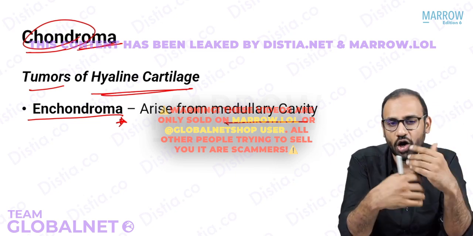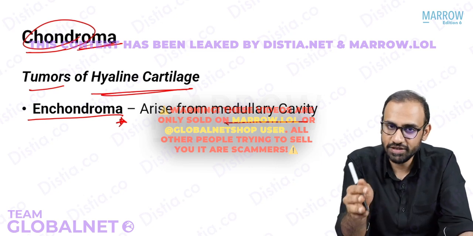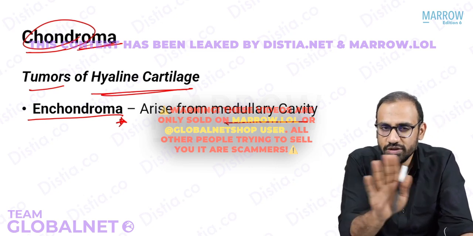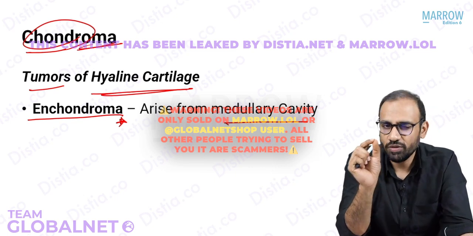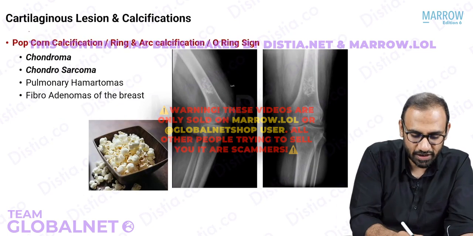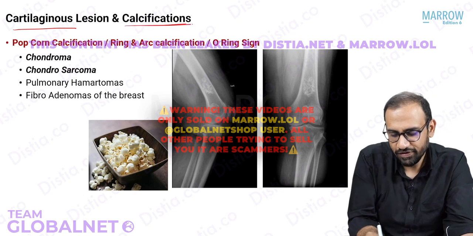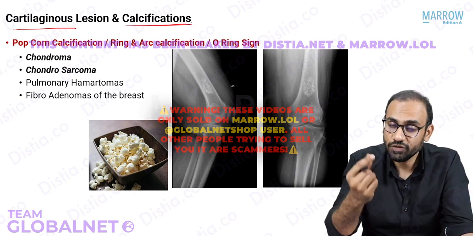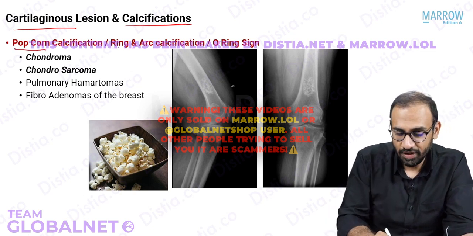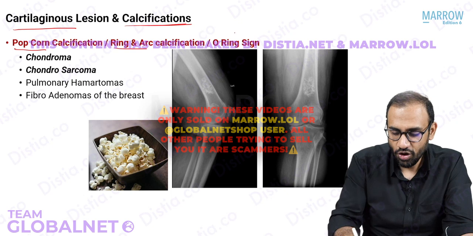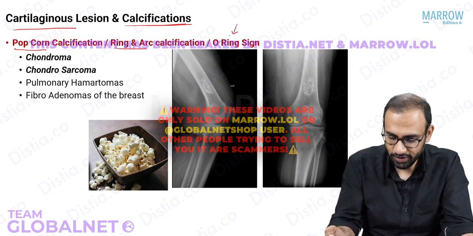So how will it appear on X-ray? Because it's a cartilaginous lesion, we all know there will be a lucent or hazy lesion in the bone. And because it's a tumor, there will be some amount of calcification here and there. The radiologists have used terms to describe that calcification known as popcorn calcification, ring and arc calcification, or O-ring sign, which you should be familiar with.